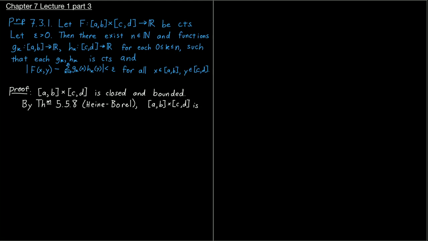And we love compact sets. So one of the things we love about them is that a continuous function on a compact set, it's better than continuous. It's uniformly continuous.